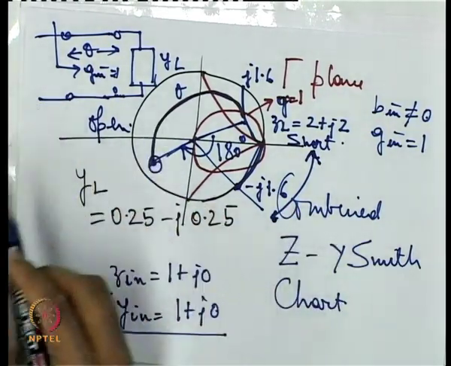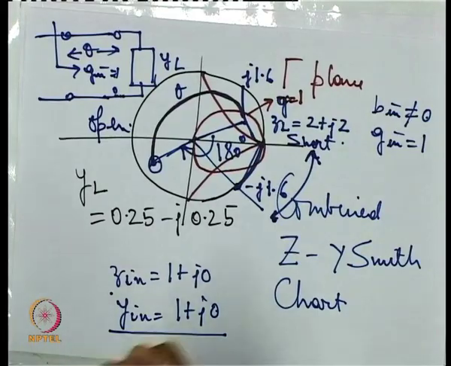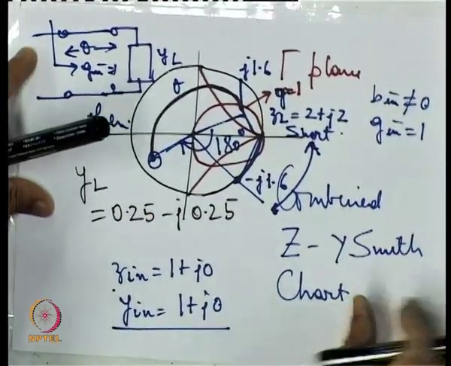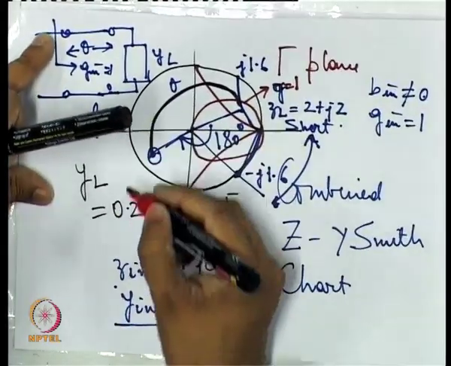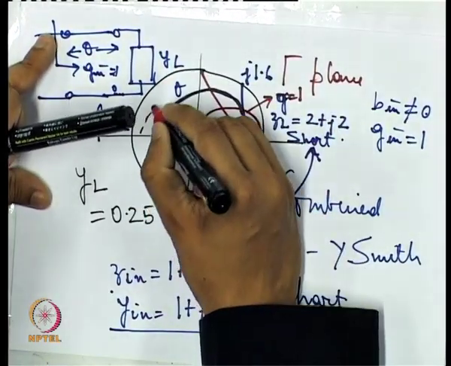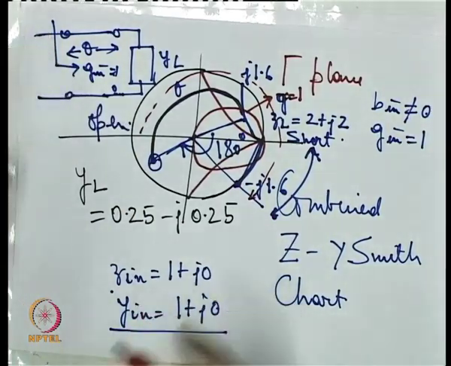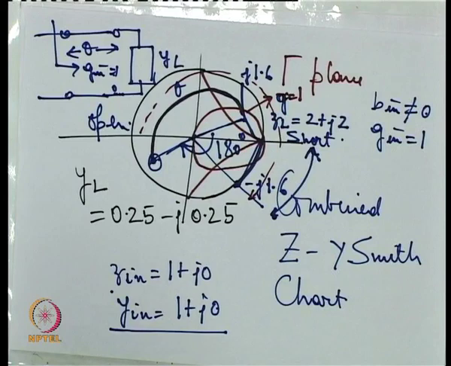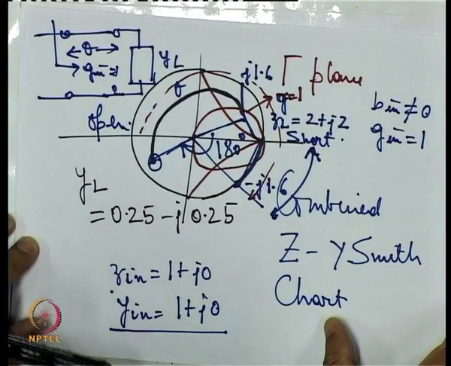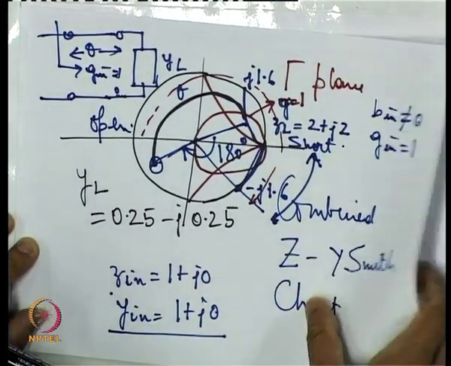If I am using an open stub, then I would need a length starting from the open end, so I would need this distance. As you can see, since the length of the shorted stub is less than the length of the open stub, I choose the shorted stub.